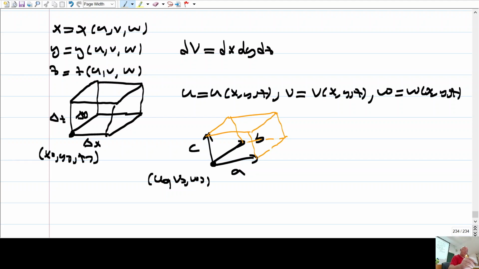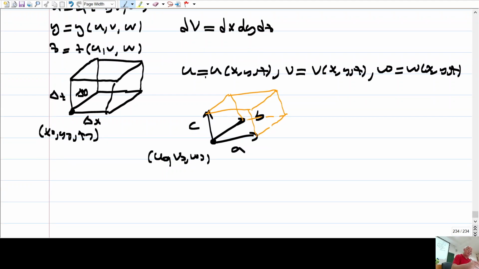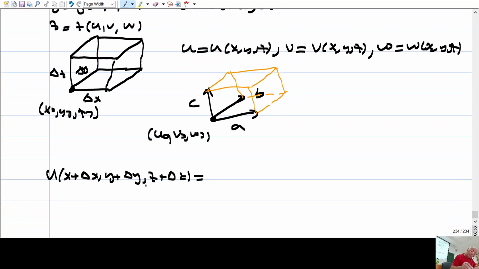What are these vectors A, B, C? I can write those vectors using tangent plane approximation again. This time we have three variables, but it doesn't matter. So u of x0 plus delta x, y0 plus delta y, z0 plus delta z.